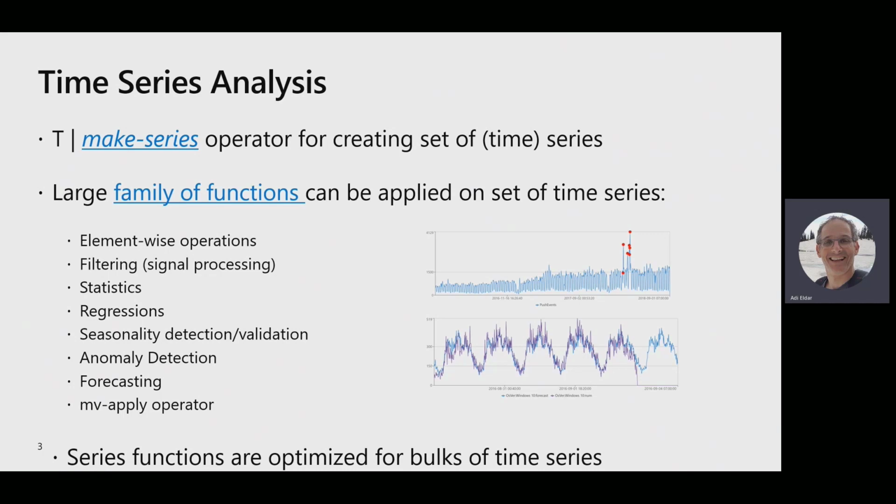Once you create a set of time series, the user can apply a large family of functions on them, from simple functions like element-wise operations, adding and subtracting time series, through filtering, for example moving average, differentiation, exponential smoothing, and so forth, simple statistics, and then regressions, linear and non-linear, in order to find change points, analysis in the spectral domain to detect seasonality, and up to the top-level functions for anomaly detection and forecasting.